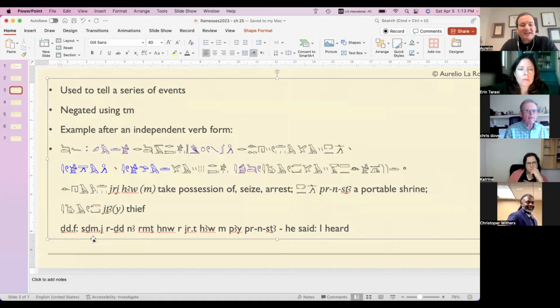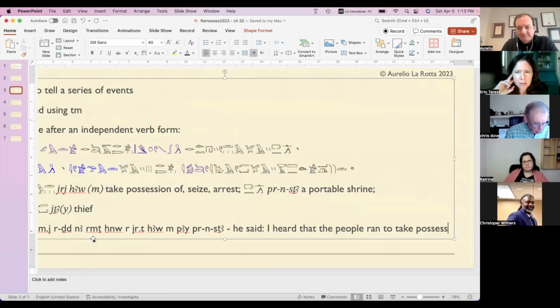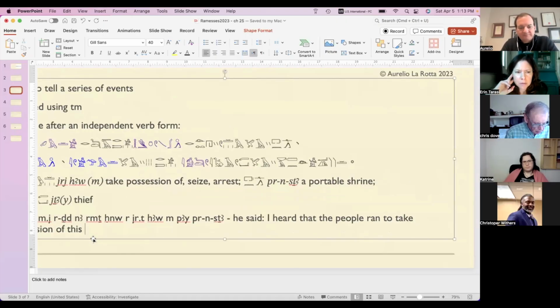So it's like the "that" in English. So it's just: I heard that the people, this is to run, right? Henu, ran to take possession of this portable shrine. Perfect. Okay, that is correct.